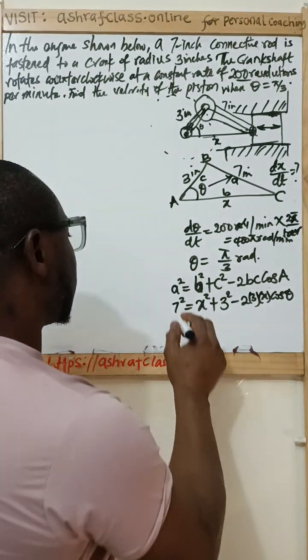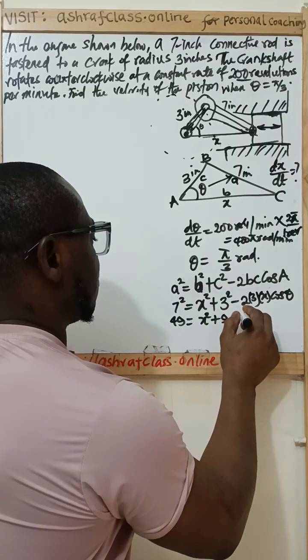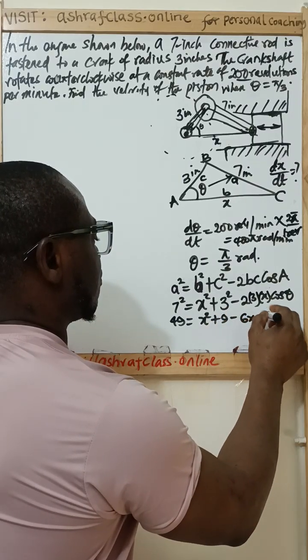This gives 49 equals x squared plus 9 minus 6x cos theta.